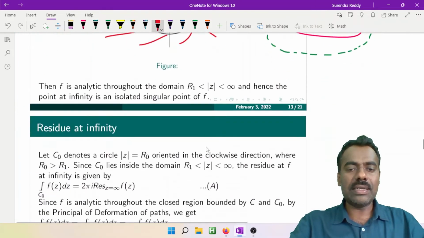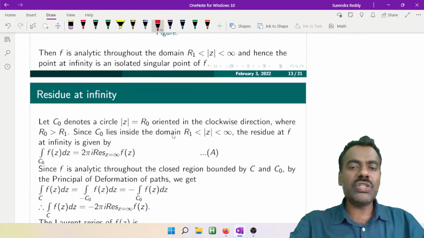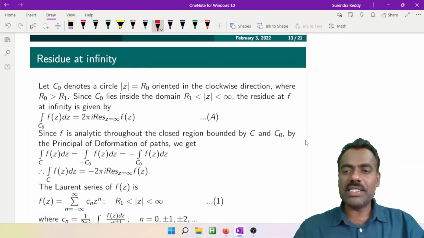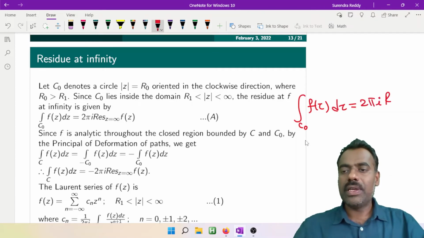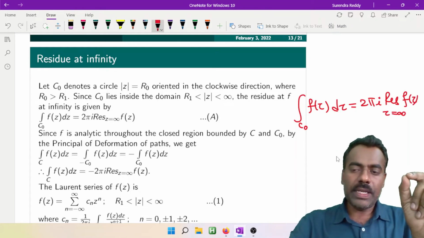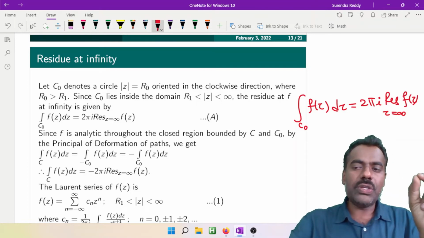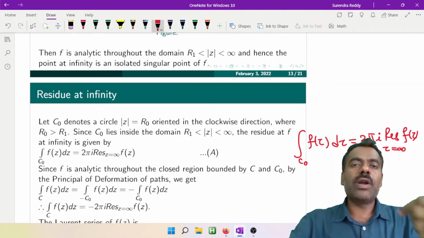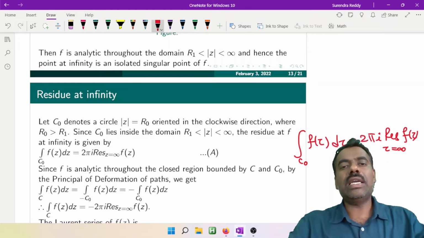So what we have observed is that since C naught lies inside mod r1 less than z less than infinity, the residue of f at infinity we can calculate. The residue at infinity is the integration of f of z over C naught dz, which is 2 pi I times the residue of f of z at z equal to infinity. Again I repeat how we have defined residue: whenever we want to talk about residue, the function should be analytic in the domain mod z greater than some r.